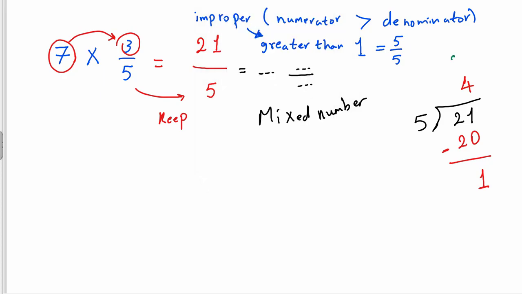This one is the quotient. And down here we have the remainder. We will use the quotient and the remainder to write the mixed number. So write the quotient as the whole and the remainder as the numerator.